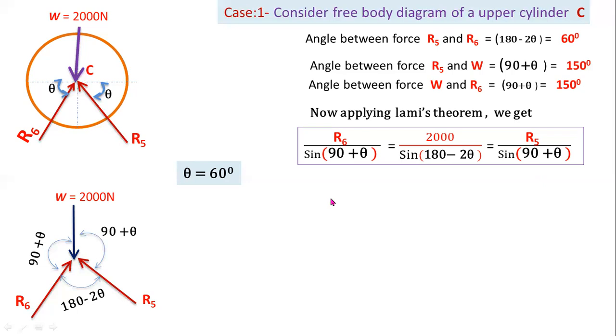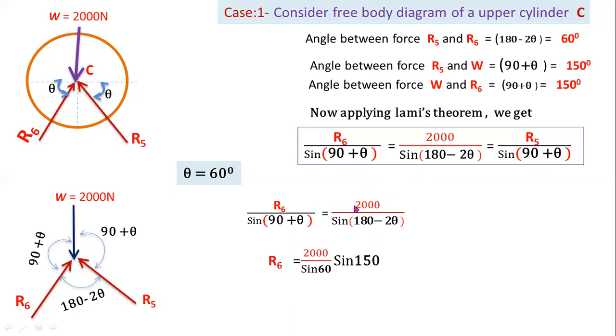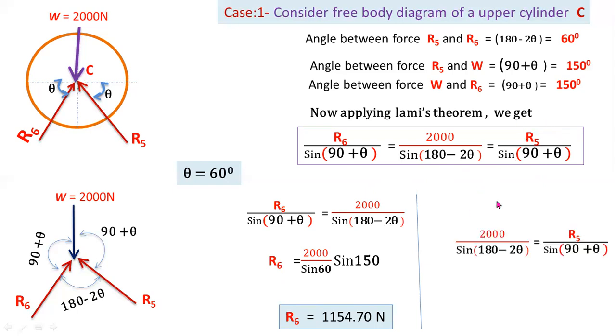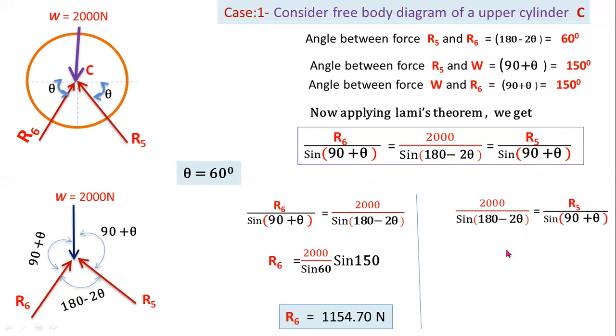Now you have to consider these 2 equations for determining the value of R6. Now apply cross multiplication for this equation. Reaction force R6 equal to 1154.7 newtons. Now you have to consider these two equations for determining the value of R5. From these two equations, you can get the value of R5.